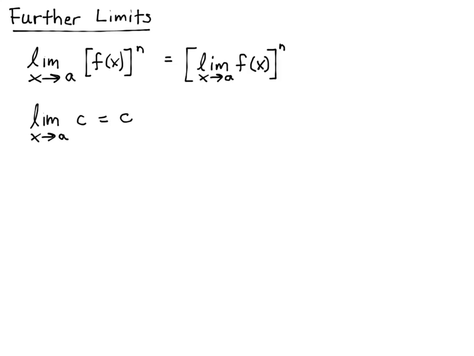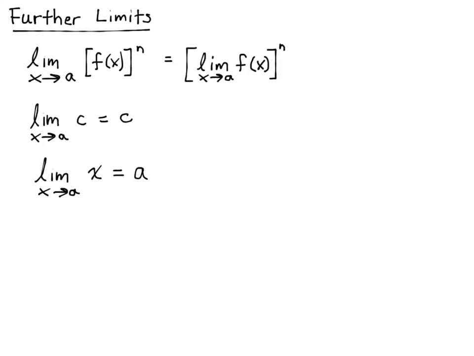Now, remember, c is a constant, so the limit as x goes to a of a constant is just that constant, right? There's nothing that x is going to do that's going to change that constant. So if we ever have to take the limit of a number, it's just that number. So the limit of 3 is 3.